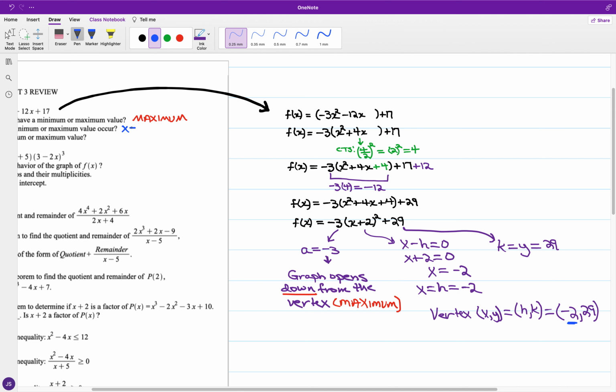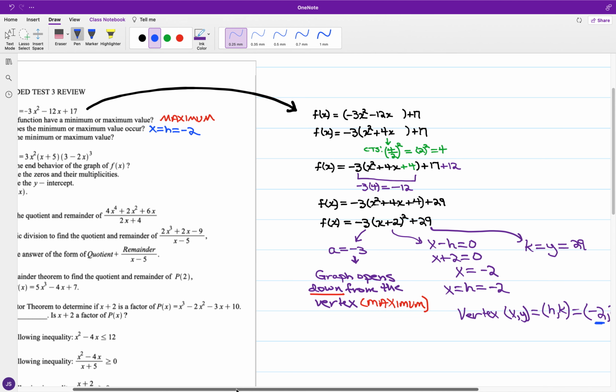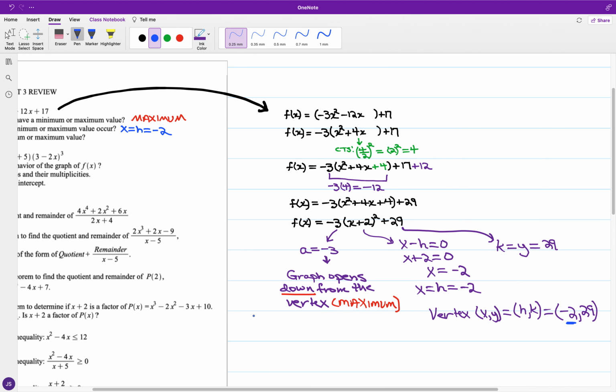We can say that x is equal to h is equal to negative 2. And in terms of the minimum or the maximum value, the maximum value is going to be the corresponding y value. So in this case, y is equal to k is equal to 29.